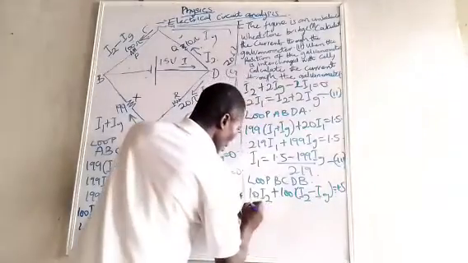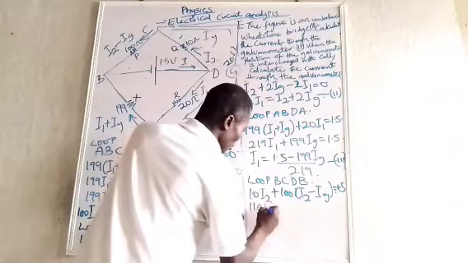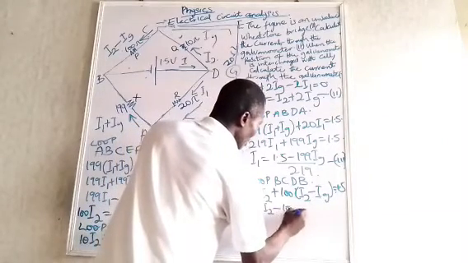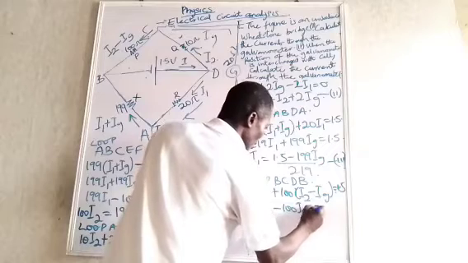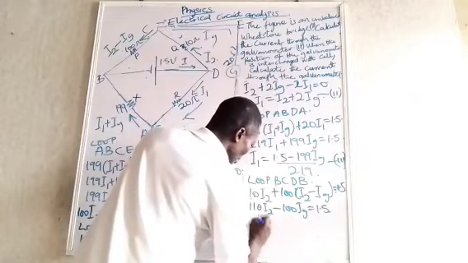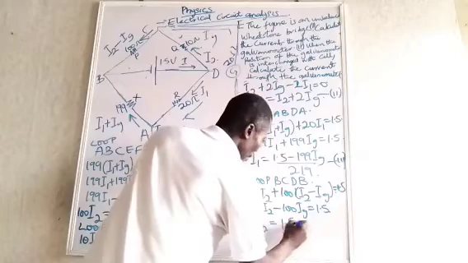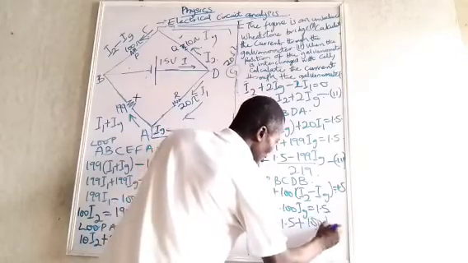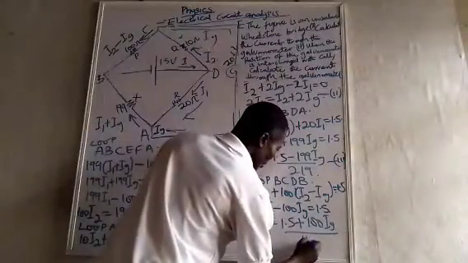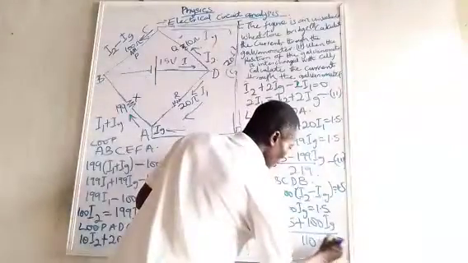So I have 110 I2 minus 100 IG is equal to 1.5. So I2 in this instance is going to be 1.5 plus 100 IG over 110. Let me call this one equation 4.